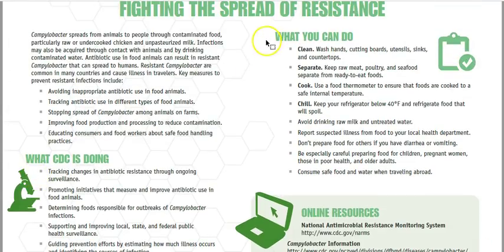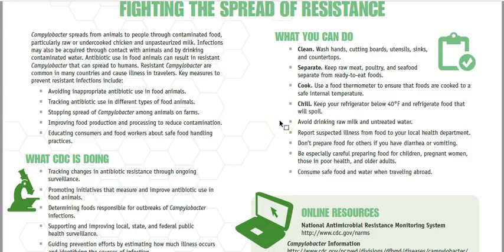What you can do: Clean. Wash hands, cutting boards, utensils, sinks, and countertops. Separate. Keep raw meat, poultry, and seafood separate from ready-to-eat foods. Cook. Use a food thermometer to ensure that foods are cooked to a safe internal temperature. Chill. Keep your refrigerator below 40 degrees Fahrenheit and refrigerate food that will spoil.